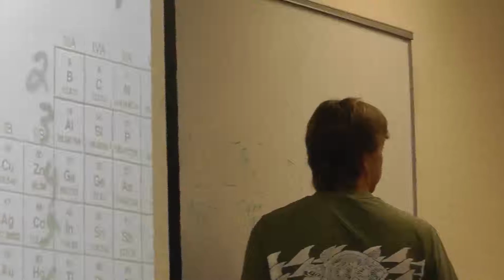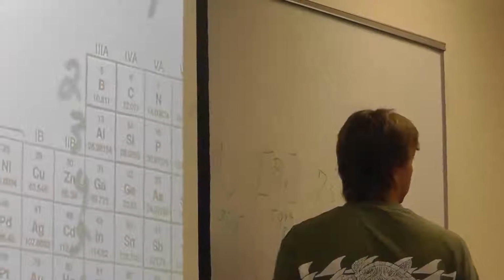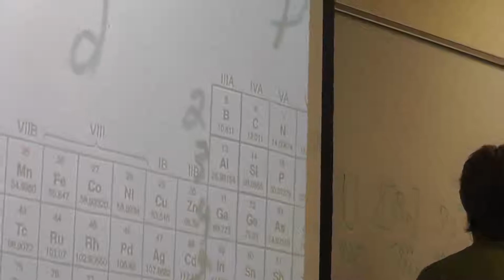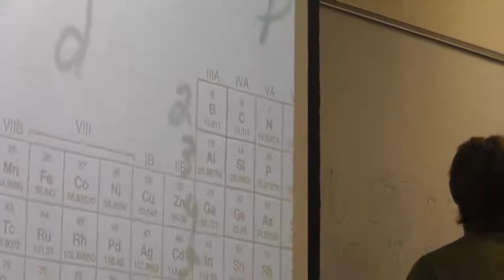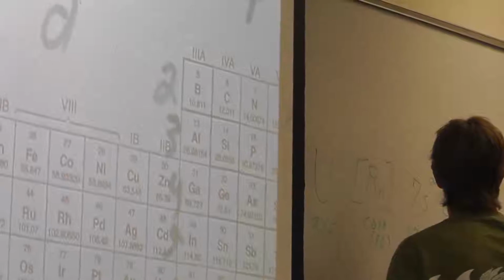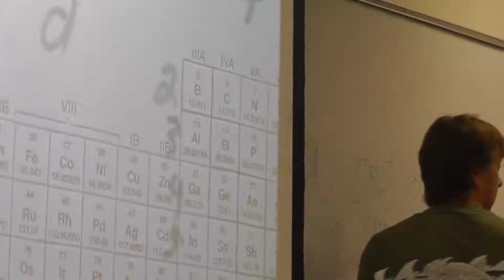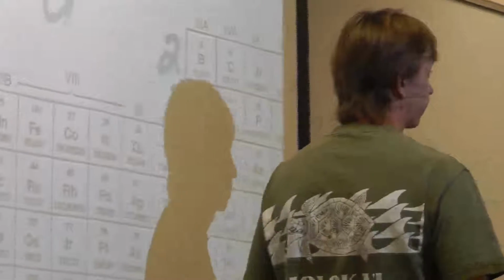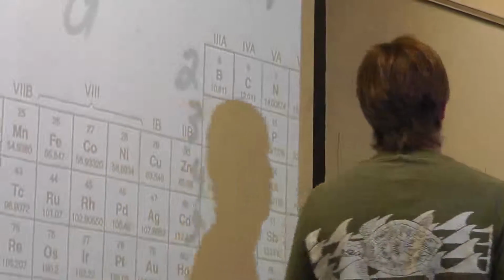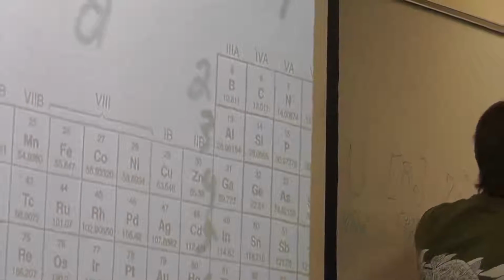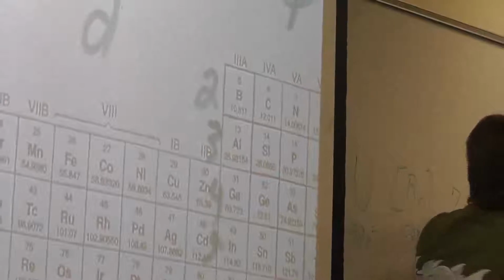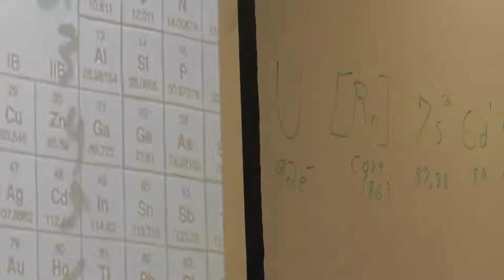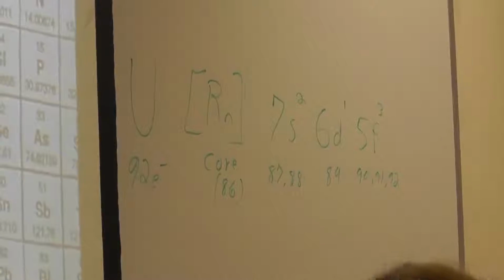Where's the 90th, 91st, and 92nd? 5F3. And here we started the 6D, but we didn't even finish it before we moved on to F. It gets glitchier and glitchier as you go up.